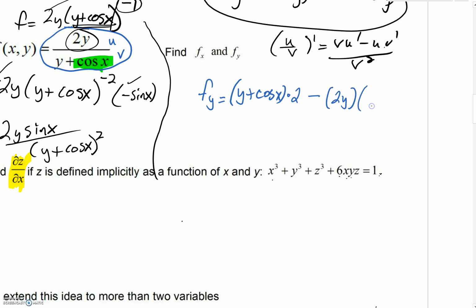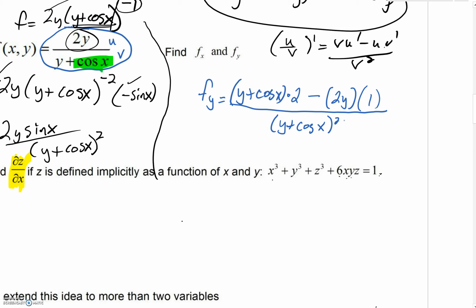D low: what's the derivative of y plus cosine of x with respect to y? Well, the derivative of y is just a 1, and the derivative of cosine of x is going to be a 0. Down below, we'll have y plus cosine of x, that's your low squared.